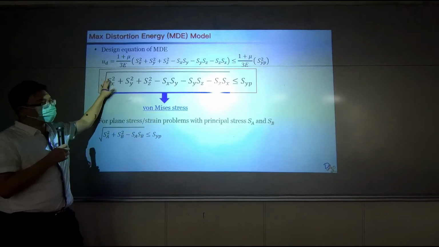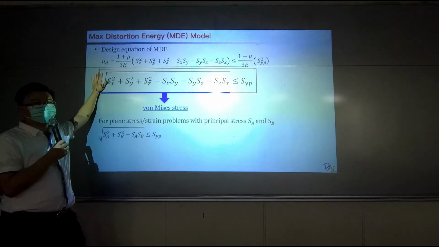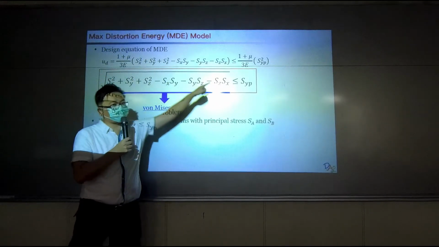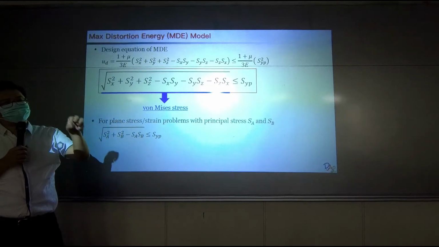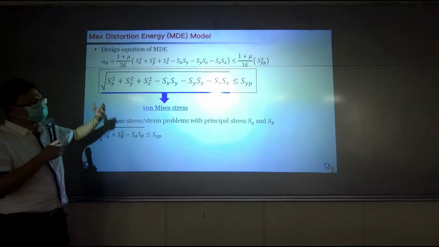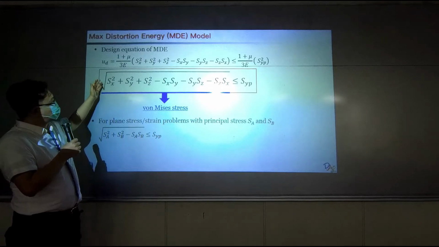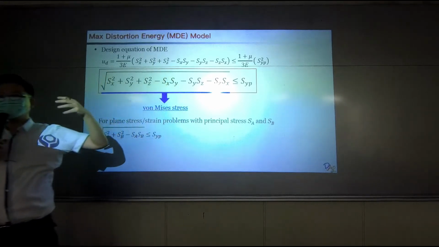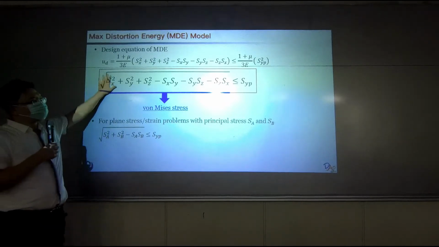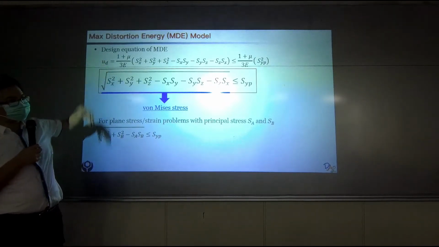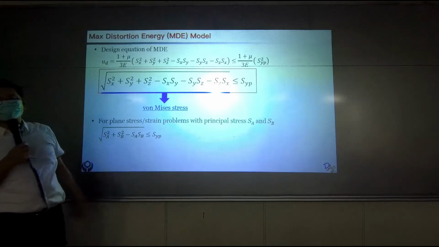So this is a stress term, okay? Even though we see a square root, we usually don't see a stress derived in a mathematical form including a square root. But based on the way it was derived, it looks like that, okay?